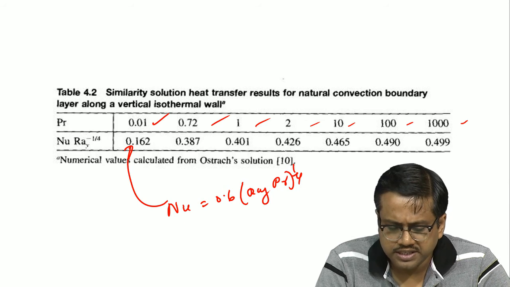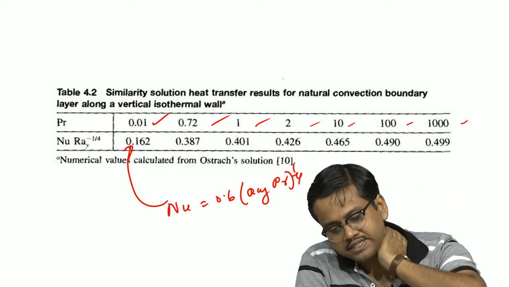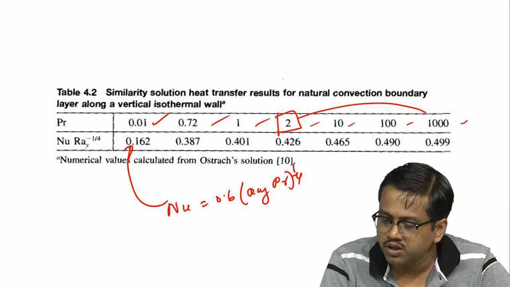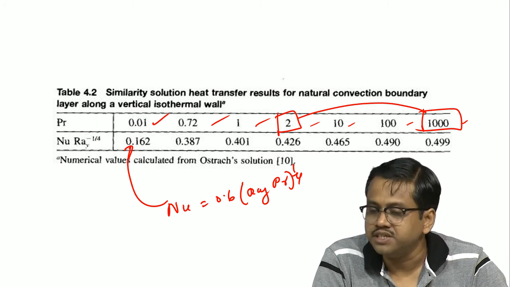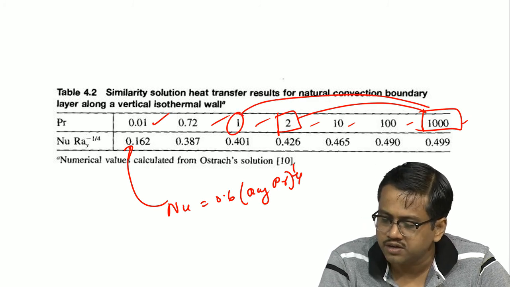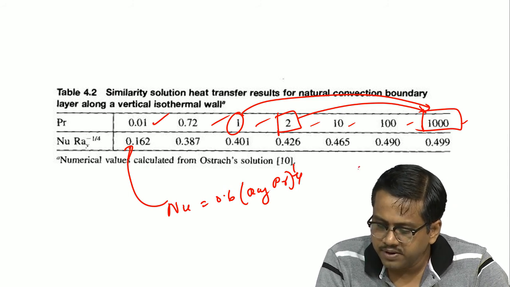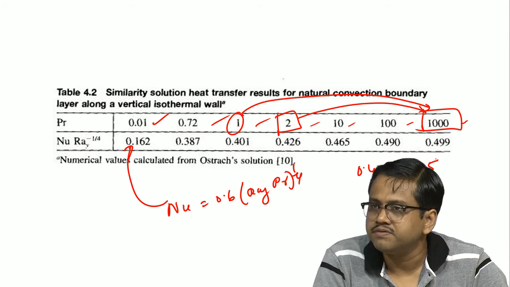A couple of interesting things that you can note out of this exercise: when we change the Prandtl number from 2 all the way up to 1000, that is almost an order 3 change, or let us take 1 to 1000, that is a proper order 3 change, the prefactor of the Nusselt number changes from 0.4 to about 0.5.